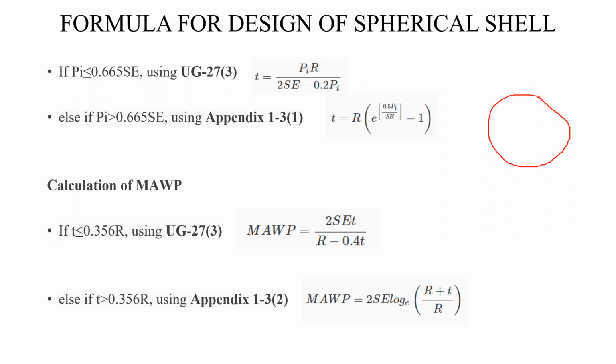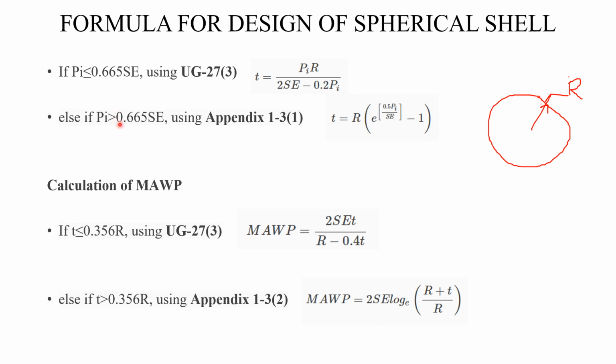So this radius is R. Don't watch my drawing, it is very ugly, but just for identification, this is R. Okay, and then divide by 2SE minus 0.2 Pi.